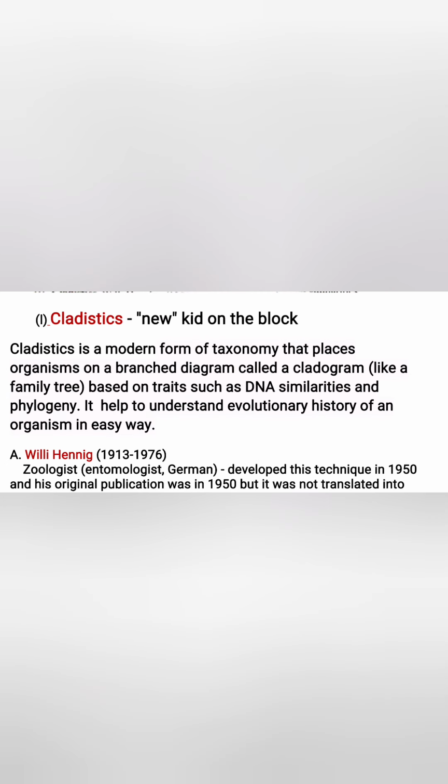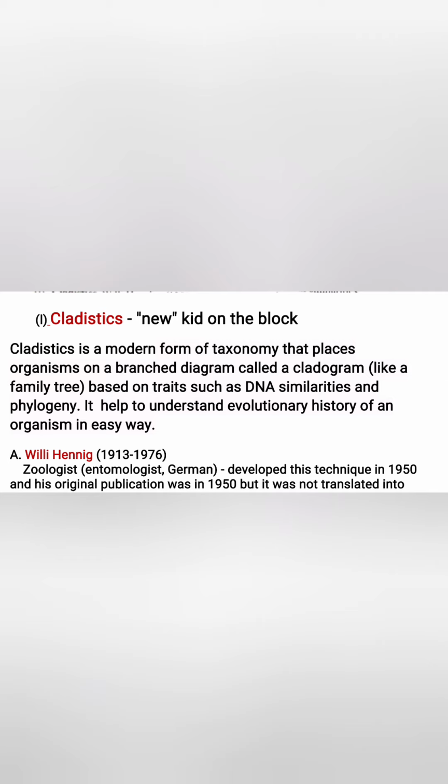I repeat once again, cladistics is a modern form of taxonomy that places organisms in a branched diagram called a cladogram that is based on traits such as DNA similarities as well as evolution. It helps to understand the evolutionary history of an organism in an easy way.